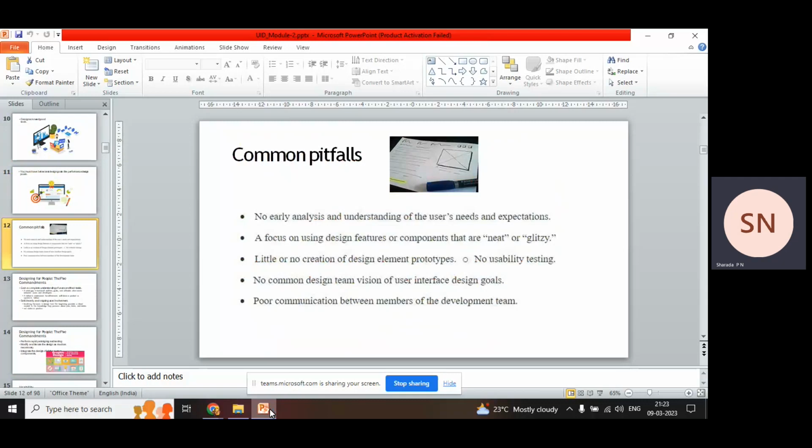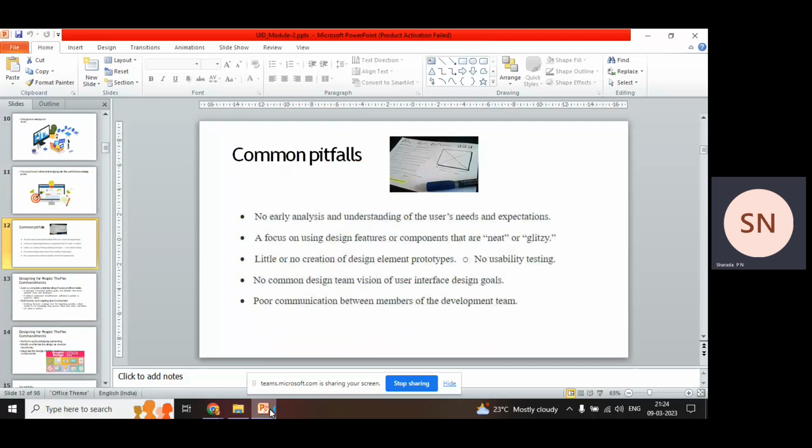Coming to the common pitfalls, they exist in the design process because of flaws in the design process, including the failure to address critical design issues, improper focus of attention, or development team organization failures.